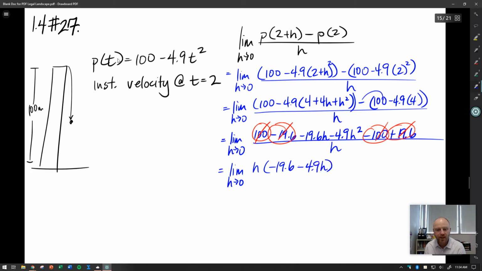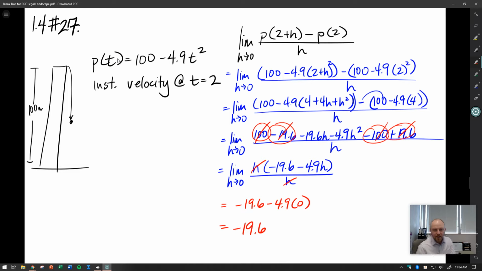There's still one h there, and this is all over h. So then this h and the one on the bottom can cancel, and the limit as h goes to 0 is negative 19.6 minus 4.9 times 0. So we have negative 19.6.